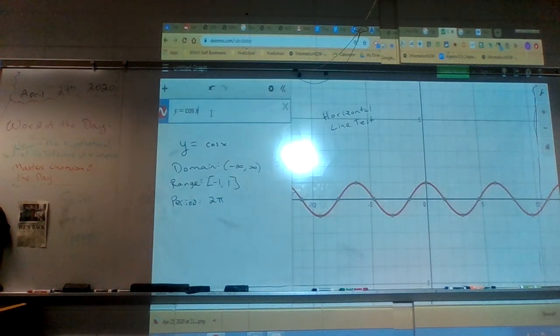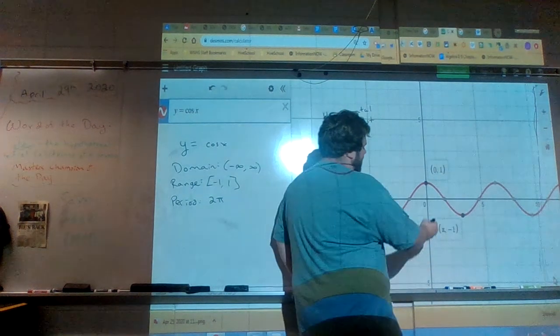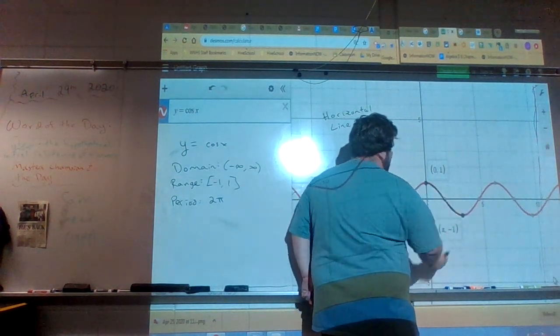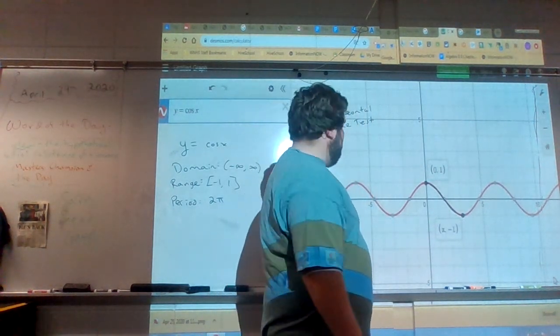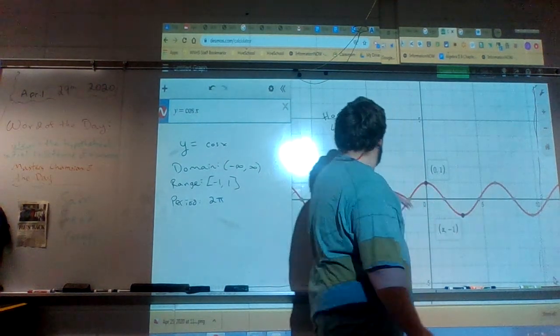Cosine looks very similar to sine as we've talked about. They actually chop off cosine on this little bit here. So in order for this guy to have an inverse, they throw away all parts of the graph except this little guy right here, from 0 to pi. And then it would pass a horizontal line test. Okay.